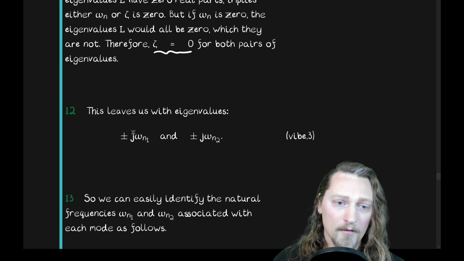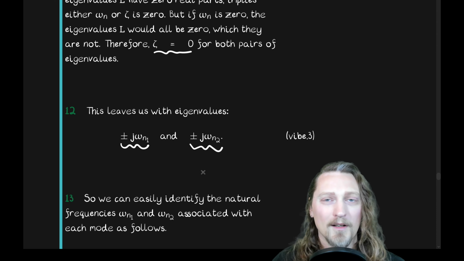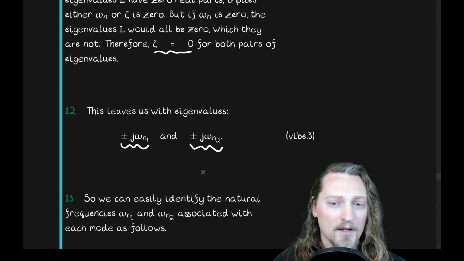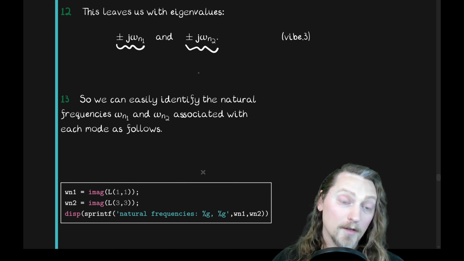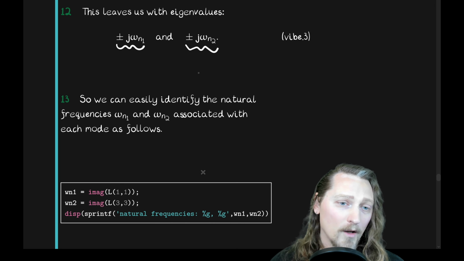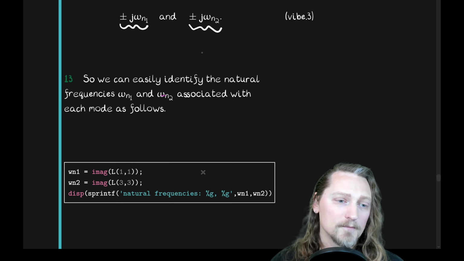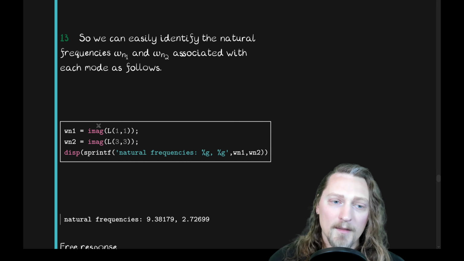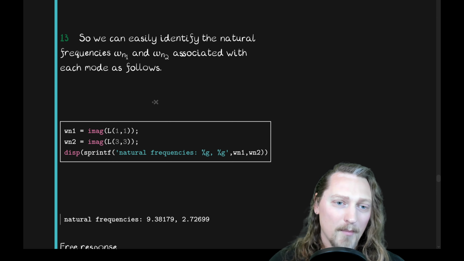So we have this situation for one pair, and then we name it with a 2 subscript in the other case. We can easily identify the natural frequencies, omega n1 and omega n2, associated with each mode as follows. We just take the imaginary part of the 1,1 eigenvalue. This is a matrix, right?